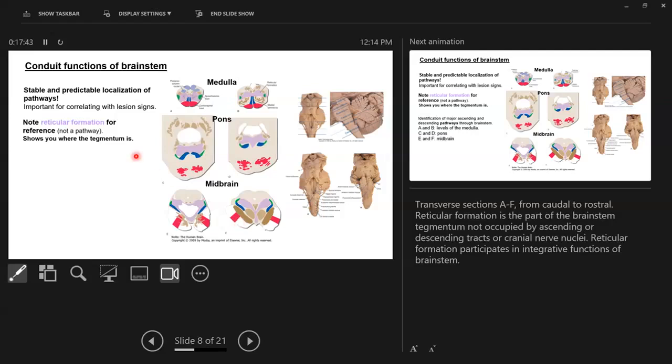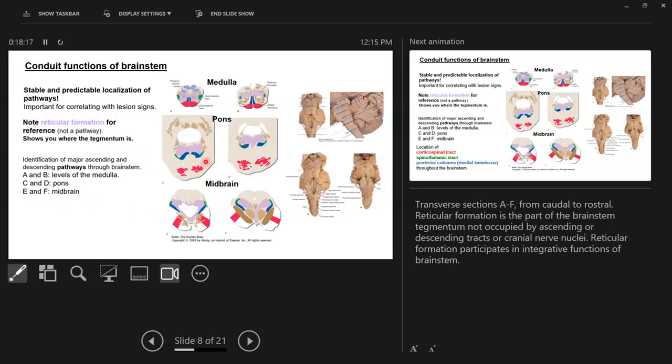So our reticular formation, of course, is not a pathway. It is just for reference, showing you where most of the tegmentum is. So you focus on that purple, whether you're in the medulla, so A and B levels are medulla, whether you're in the pons for C and D, and E and F for midbrain, the central portion contains the tegmentum.